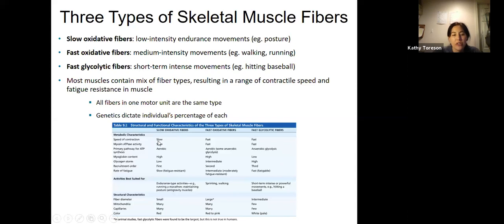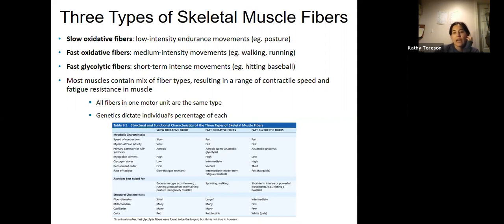So slow versus fast refers to the speed of contraction. That's one distinction: you're a slow fiber or you're a fast fiber. And then the word oxidative versus the word glycolytic refers to how that fiber is generating ATP. Is it using aerobic respiration, which produces ATP through oxidative phosphorylation, which is where this word oxidative is coming from?